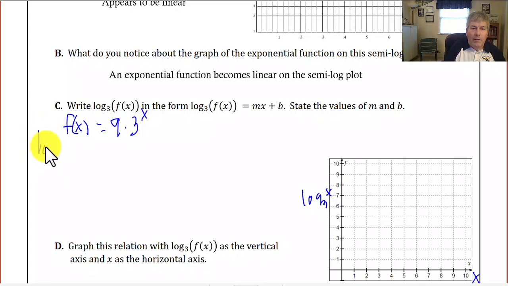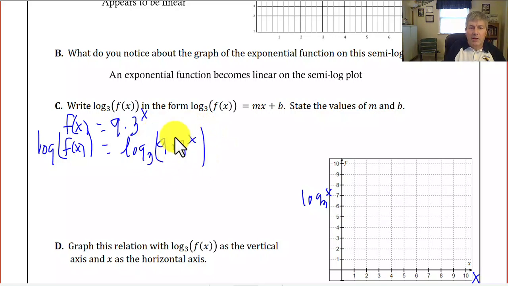So we get log base 3 of f of x equals log base 3 of 9 times 3 to the x. So we have multiplication here. I'm going to apply my logarithm rules and properties and expand this logarithm on the right.